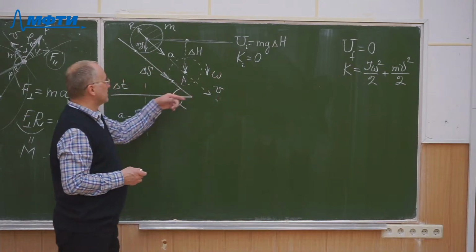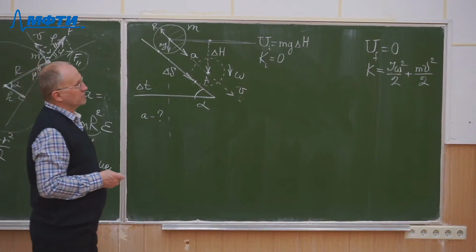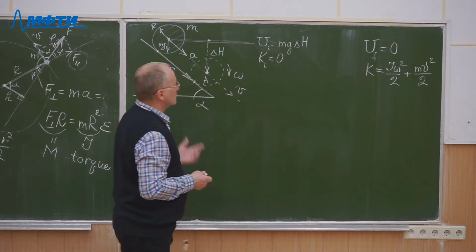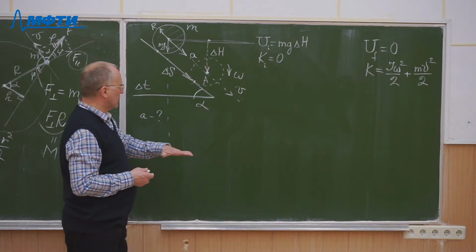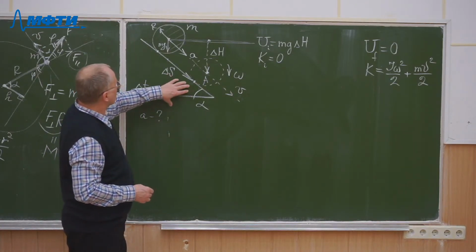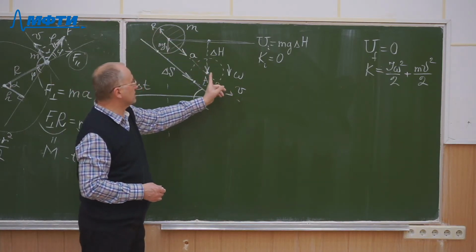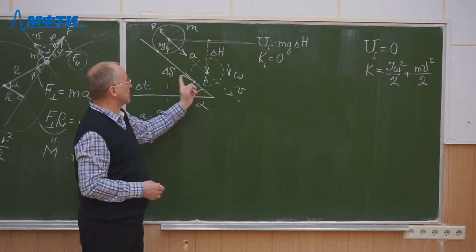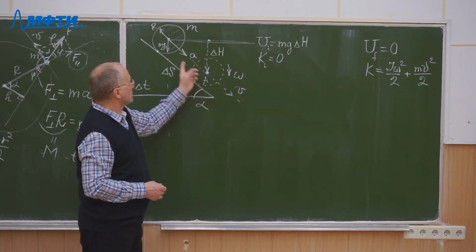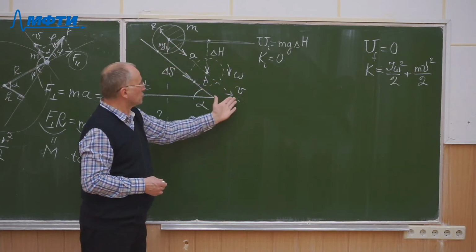Manipulating with the reference frames makes it almost obvious. This formula is almost obvious if you manipulate with the reference frames. One reference frame is associated with the surface of the planet or with this inclined surface, and another reference frame is moving at constant velocity v, so that at this particular moment of time the center of mass of this rotating cylinder will have the same velocity as the inertial reference frame.